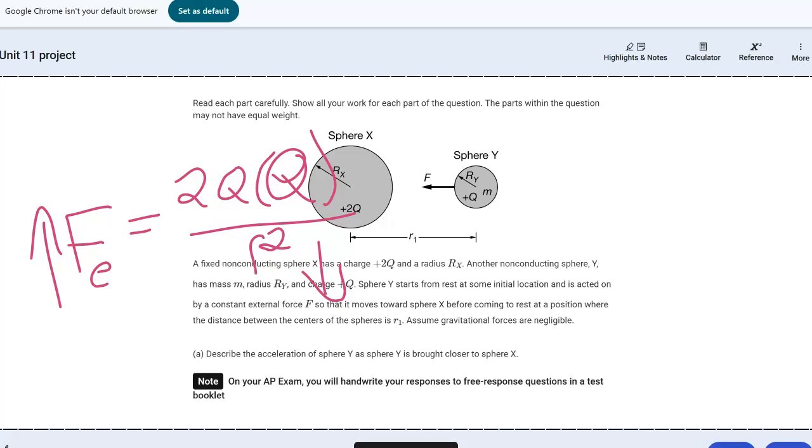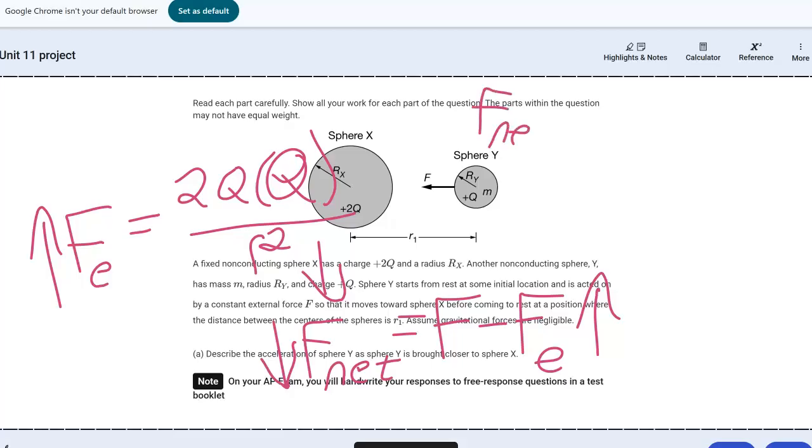And then our net force is F minus Fe. So if our Fe is going up and we're subtracting it, then our net force is going to go down. And we know from Isaac Newton, net force equals ma, so to find acceleration, a equals F net over m.